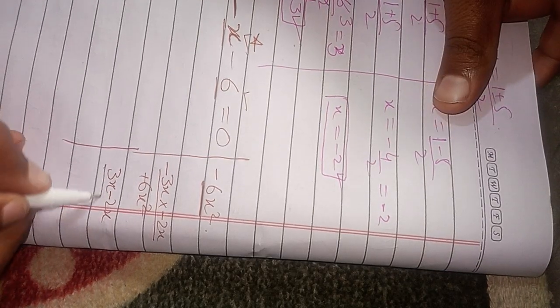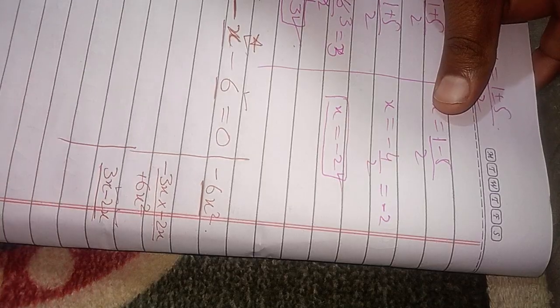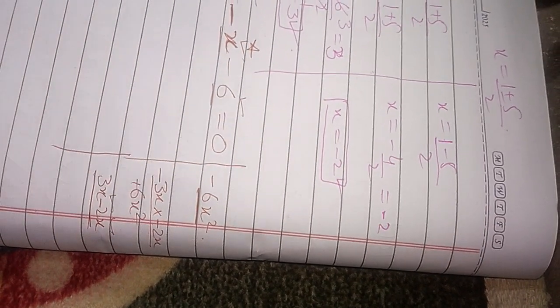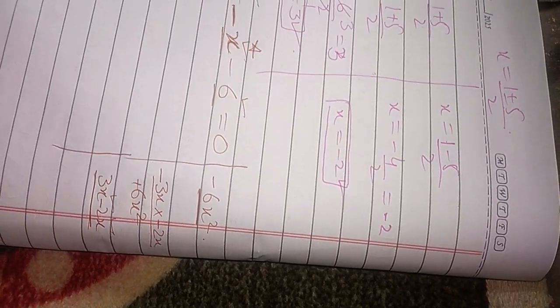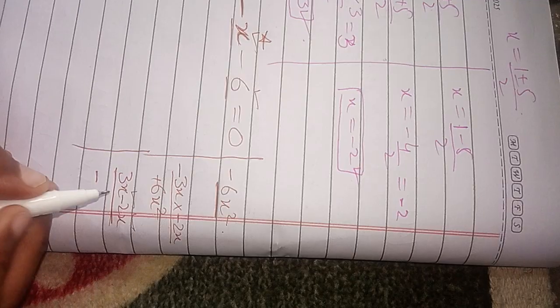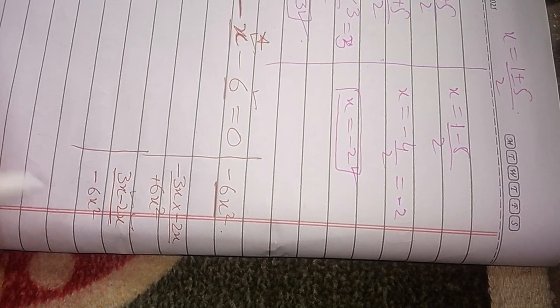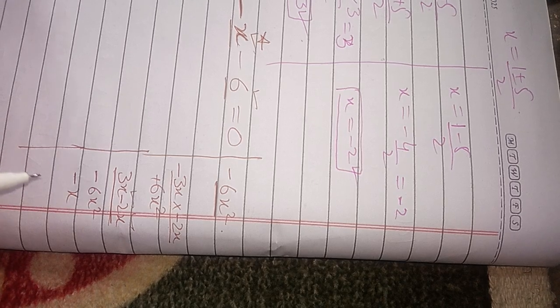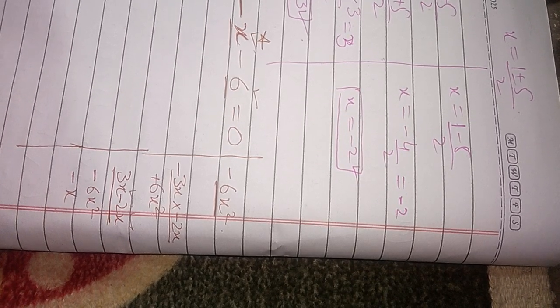Yes, we can take these two terms that give us minus 6x square if we multiply them, and these give us minus x if we subtract them.